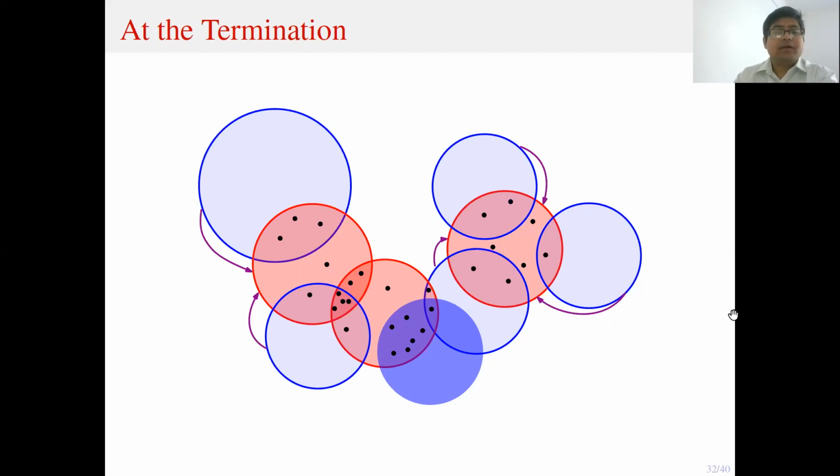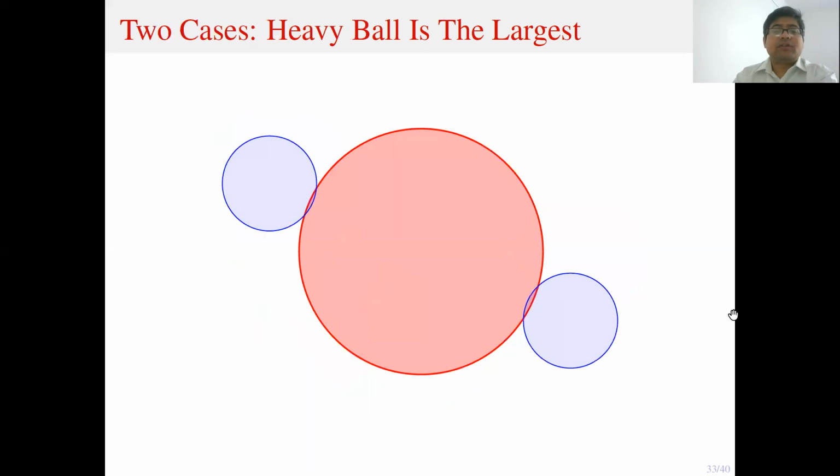So now let me talk about the expansion factor. Let us consider a cluster of a heavy ball. We have this central heavy ball, and around this heavy ball, we have the light balls whose flow was absorbed by the heavy ball. Now, there can be two cases.